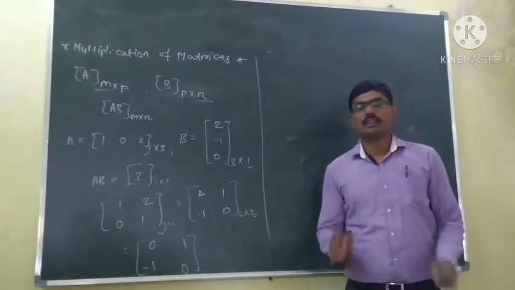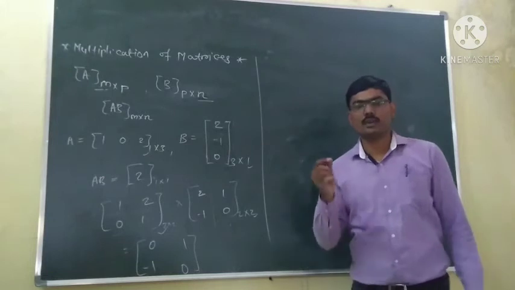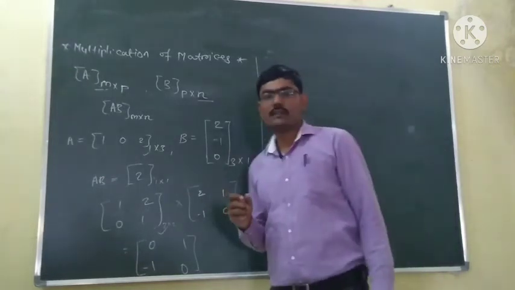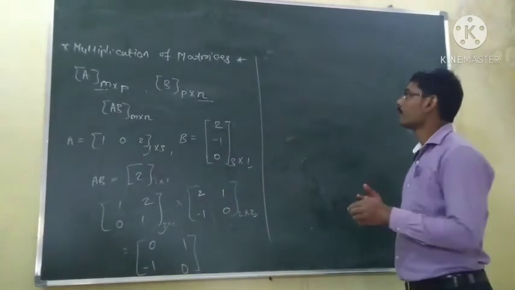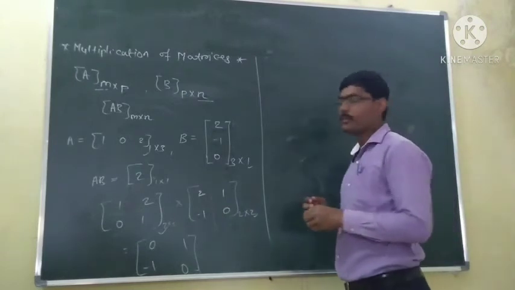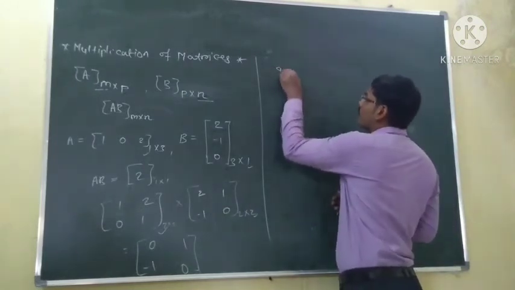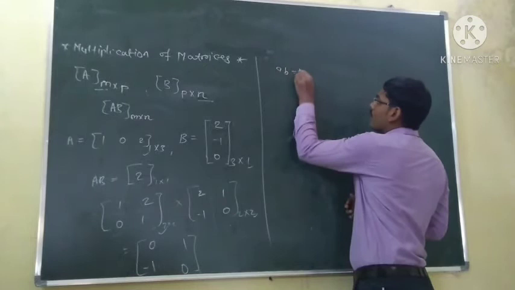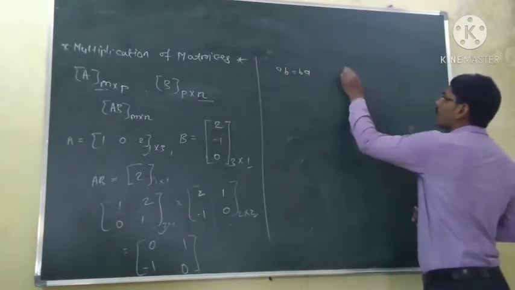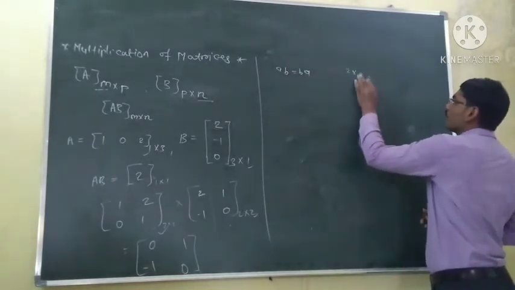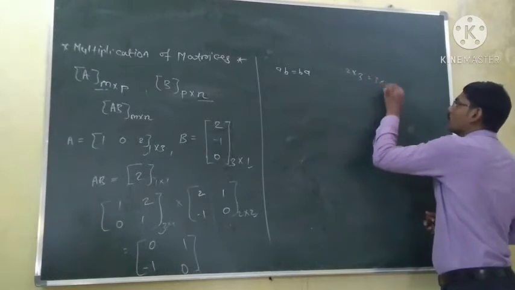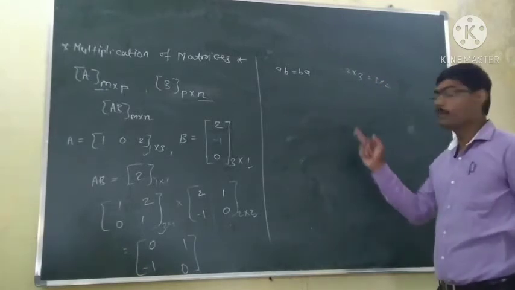But here there is an important property. We know in real numbers, if A and B are two real numbers, then A into B is always equal to B into A. 2 into 3 is always equal to 3 into 2; both are 6.